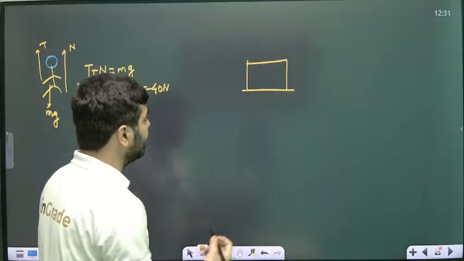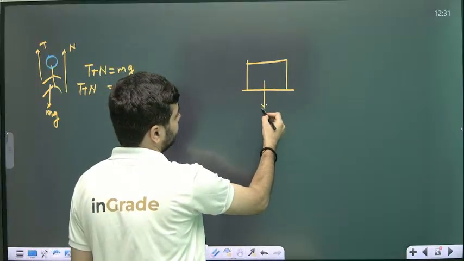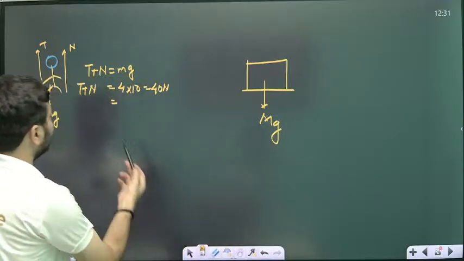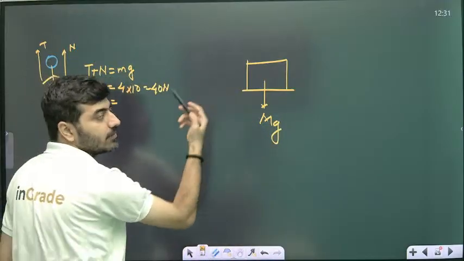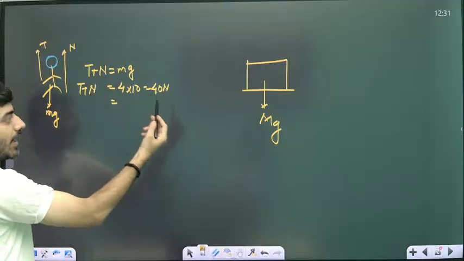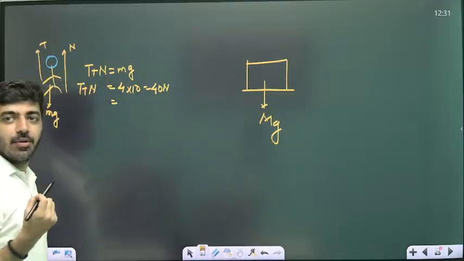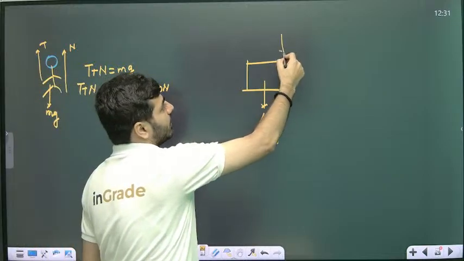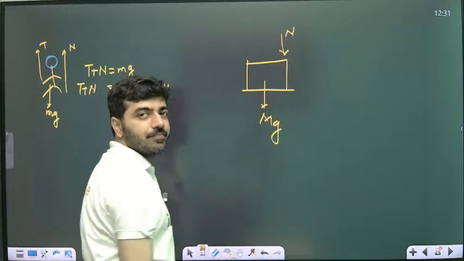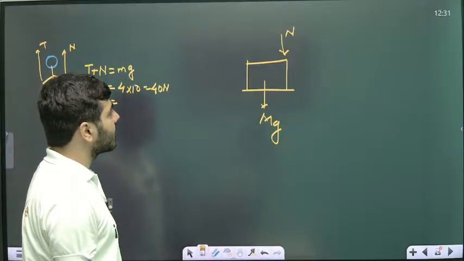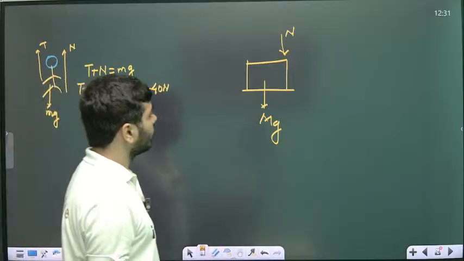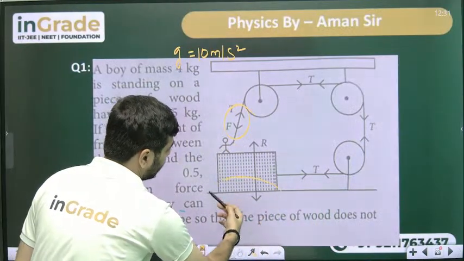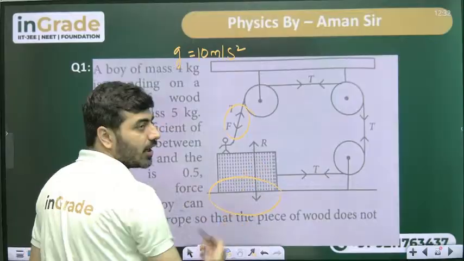The mass of the wood will be, let's say, capital M. This is the weight of the wood. The boy is also acting on it: because of the boy, a reaction force acts in the downward direction, let's say N. And because of the surface, a reaction force R will be acting upon it.